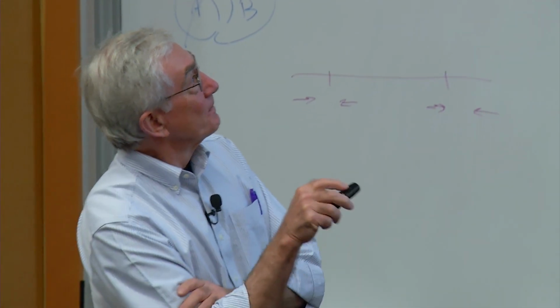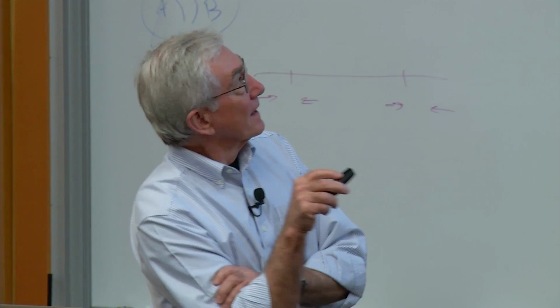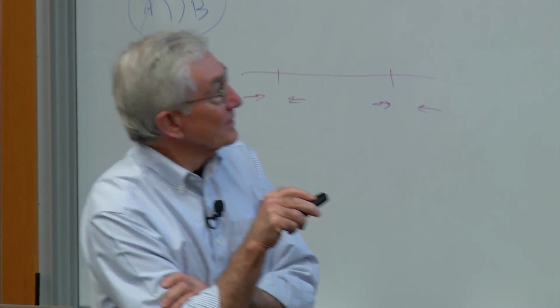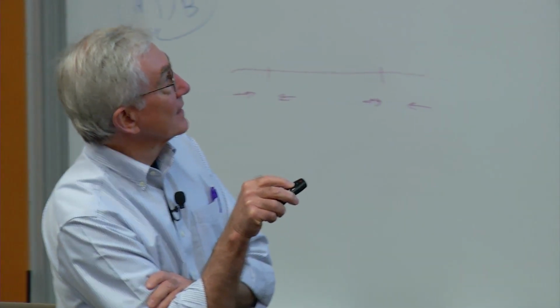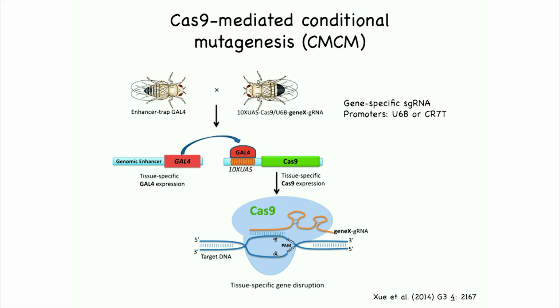Okay. So these folks set up a system that makes use of this GAL4-UAS procedure, so that you can induce the expression of Cas9 not throughout the fly that you're working with, but in specific tissues or at specific times in development.